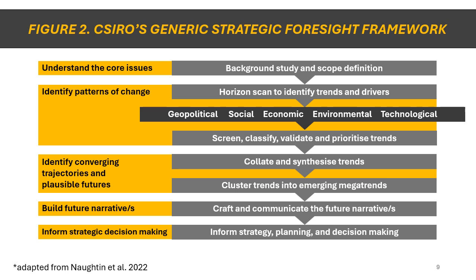They screen, classify, validate, and then they start to look at how they can converge. They collate, synthesize, and cluster these trends into emerging megatrends. Based on this information, they start to look at how this could potentially evolve in the future and craft narratives. These narratives then help to inform strategy, planning, and decision making.